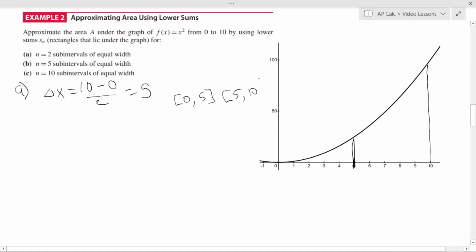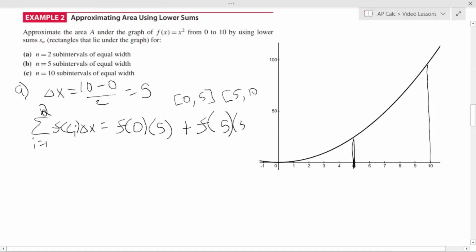So we need to go ahead and begin calculating this. So this is going to be the sum, i equals 1 to n, or 1 to 2, actually, of f of ci delta x, which would be f of 0 times 5 plus f of 5 times 5.